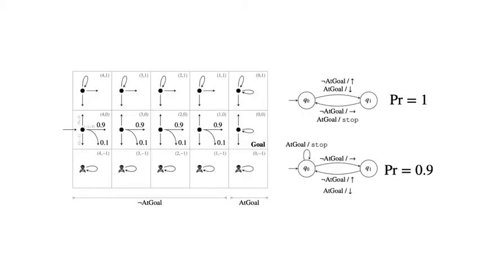So for instance, if you want to accomplish this goal with a probability of 1, what you would do is this plan structure on the right hand side at the top, where you climb up on the sidewalk, you move forward until you reach the goal, and then you get off the sidewalk to the goal, and then you're done. And of course, because this is completely deterministic, so we are assuming only the move on the handrail is noisy, everything else is deterministic. This accomplishes the goal with the probability of 1.